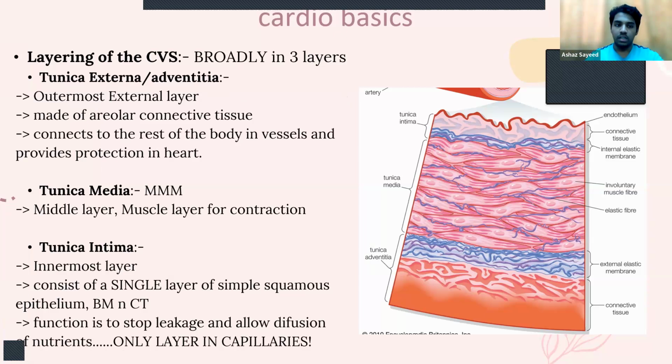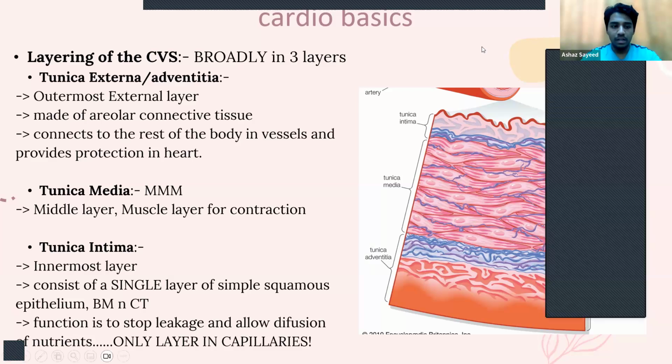Now, the tunica externa is the outermost layer. It's made up of connective tissue, and its function is to connect the blood vessel to the rest of the body and keep it in place. The tunica media is the middle layer.